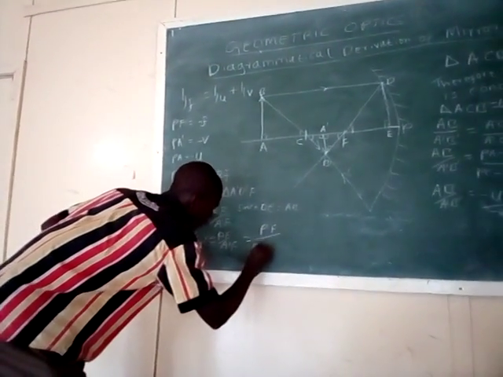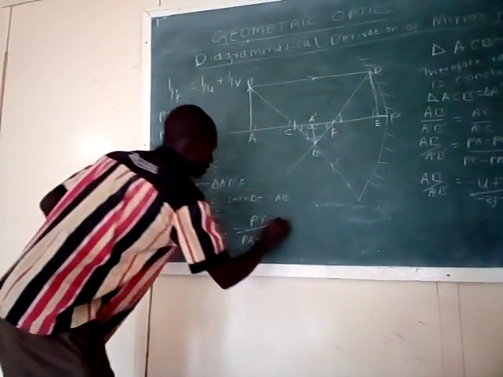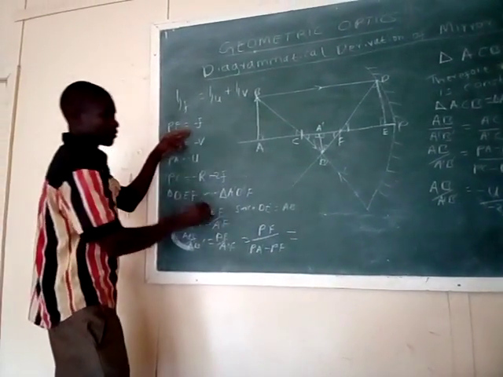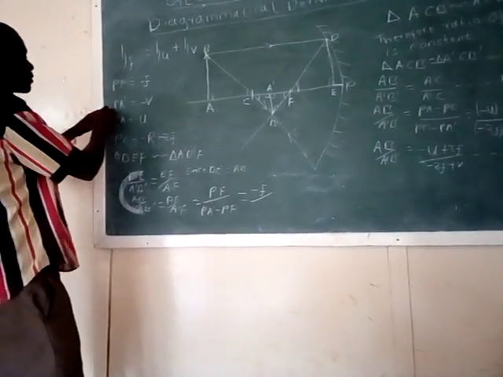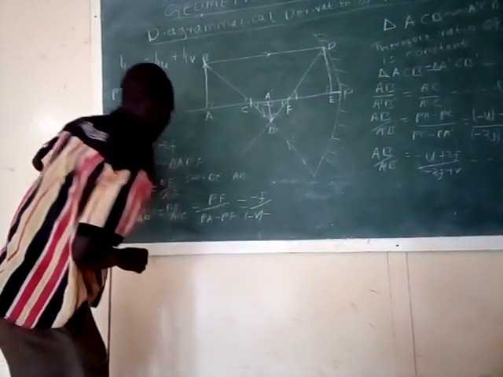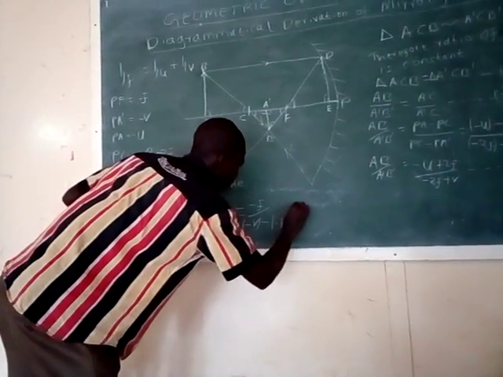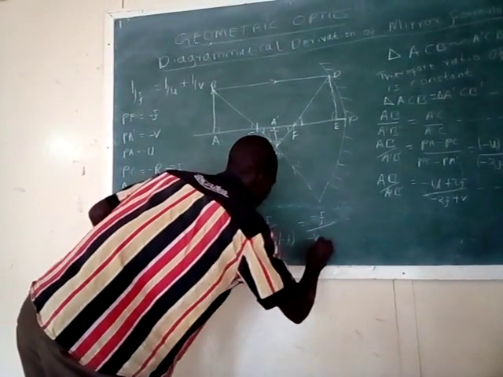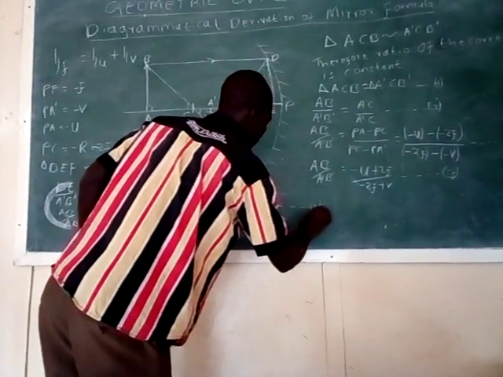Such that we have PF, which we said is negative F, all over PA prime, which is negative V, minus PF, negative F. Which is the same as negative F all over negative V plus F. We call this one the fourth equation.